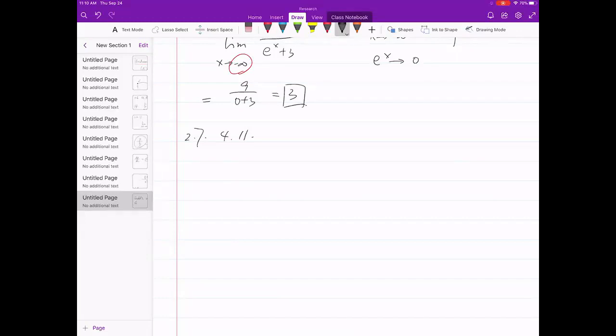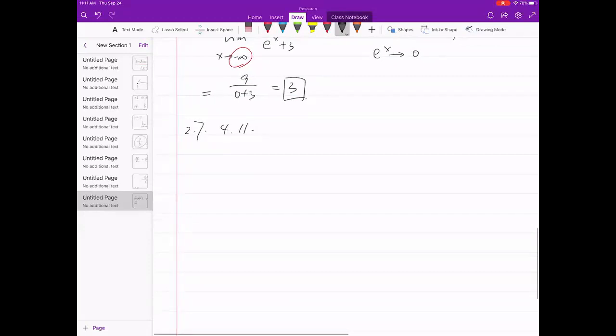The displacement of a particle moving in a straight line is given by the equation s. Okay, distance of a particle is given by s(t) equals 1 over t squared, where t is measured in seconds, okay?